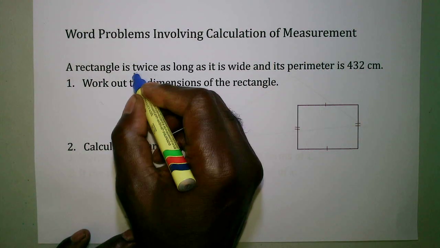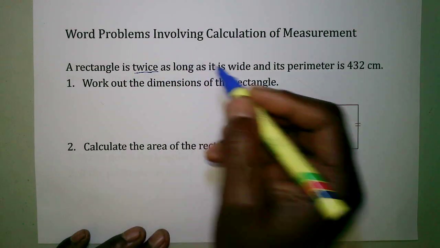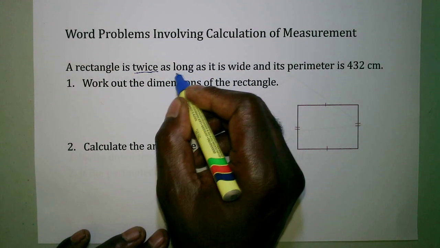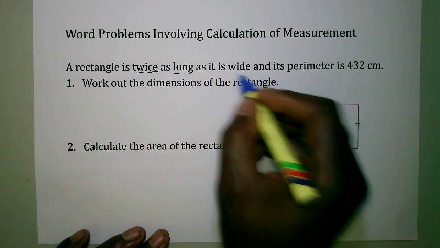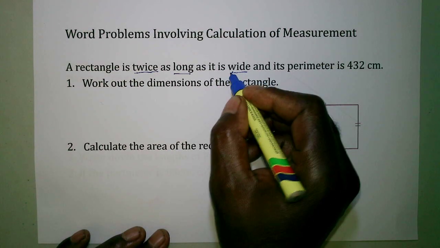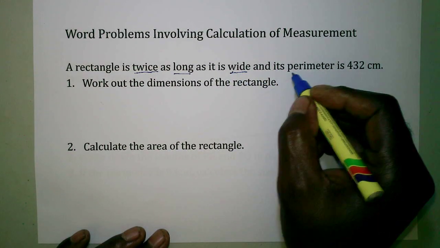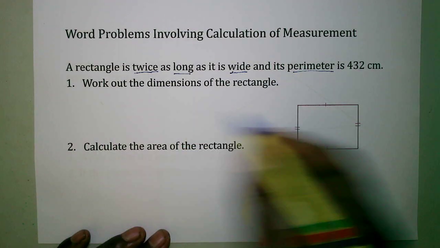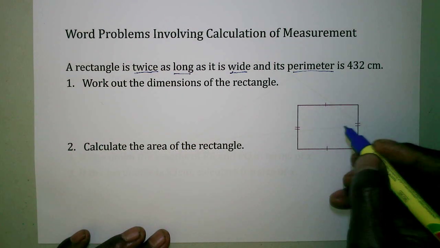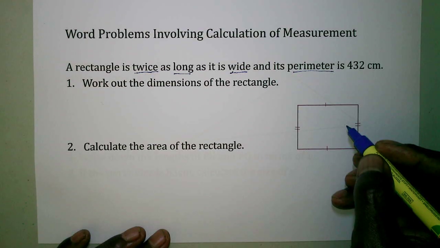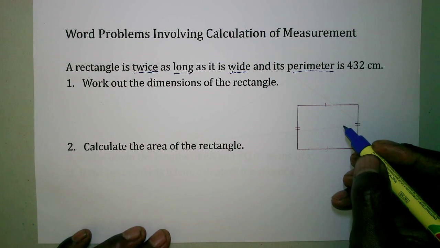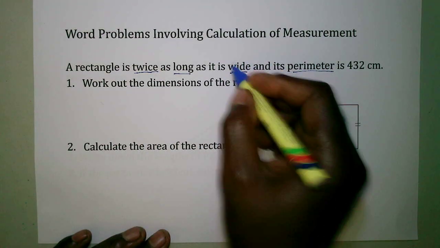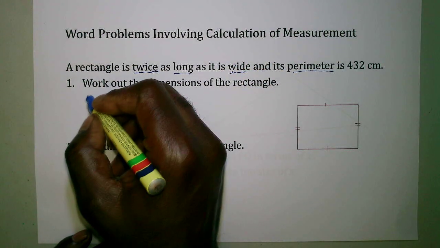So the key words here are twice, long, width, and perimeter. These are key words. So it says this is a rectangle that is twice as long as it is wide. So we are not sure what the width is.